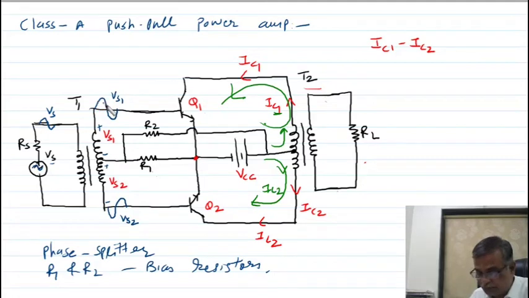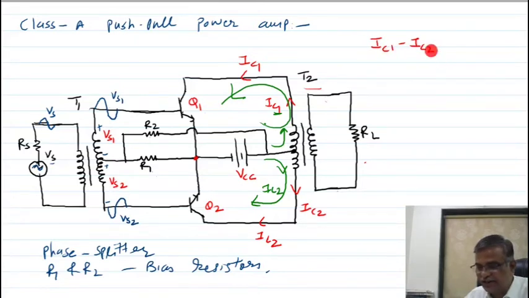At the same time Vs2 is negative, so Q2 becomes less positive, but collector current will still flow here. But IC1 is more than IC2 because this is more positive. So IC2 is small and IC1 is more. As IC1 increases, you will get the voltage across here proportional to this.